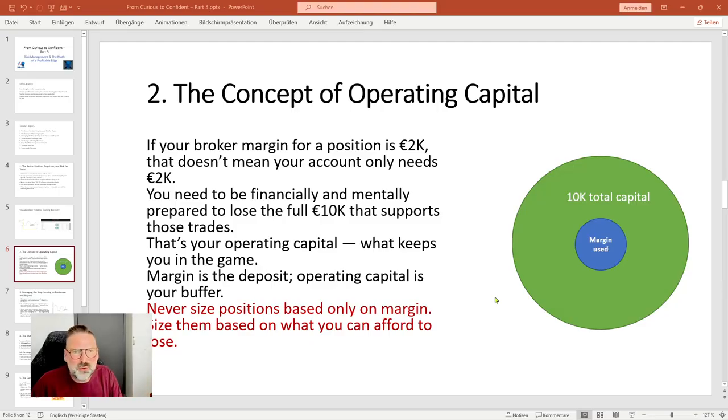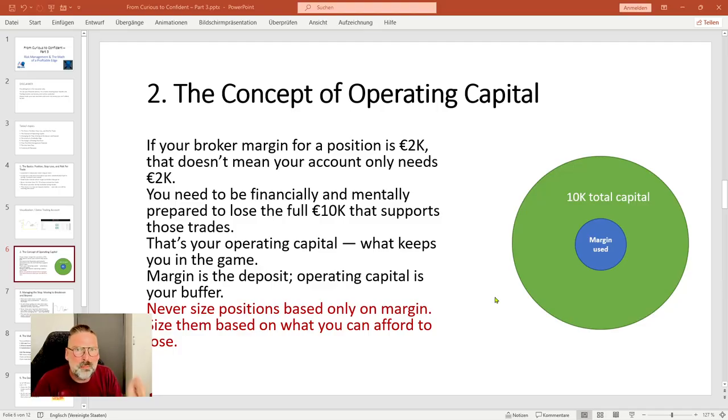So, but now you could just think, oh, wait a second, I can just max out my margin. Now you have to act in a way that reflects your actual account size, even though you deposited just a fraction of that to meet margin requirements. You have to act as if you really have the 10K there.